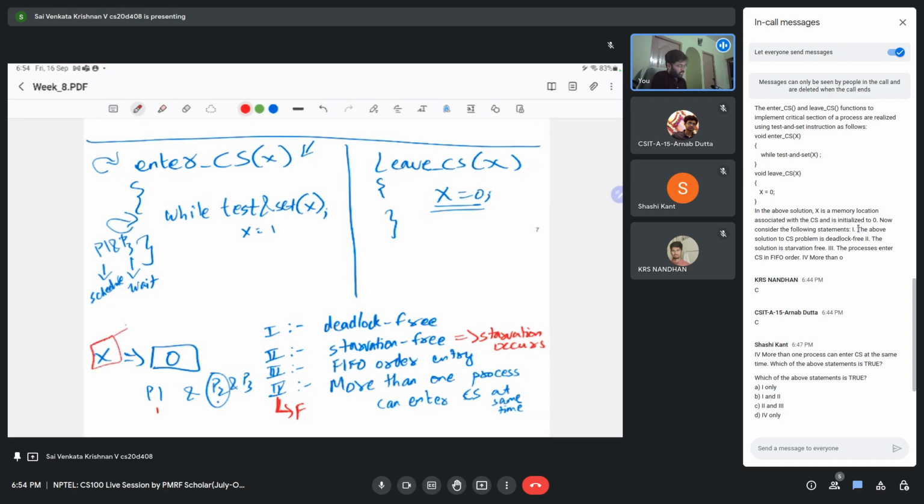So this is the shared variable. So what do they mean by deadlock free? I didn't get that term.